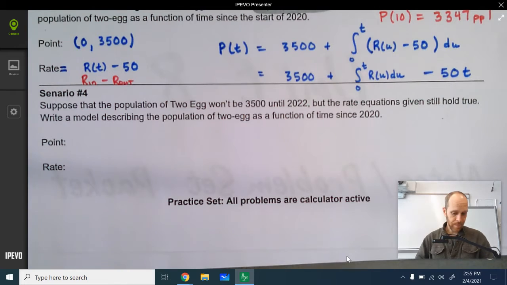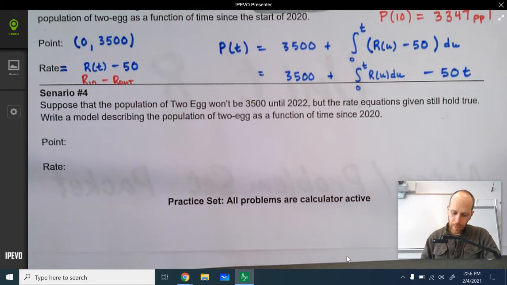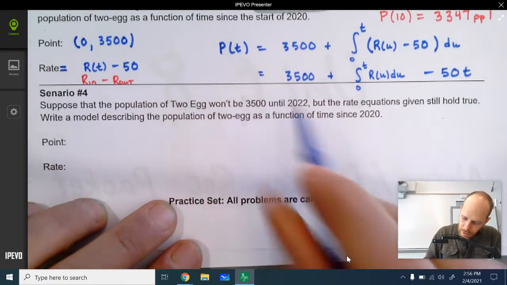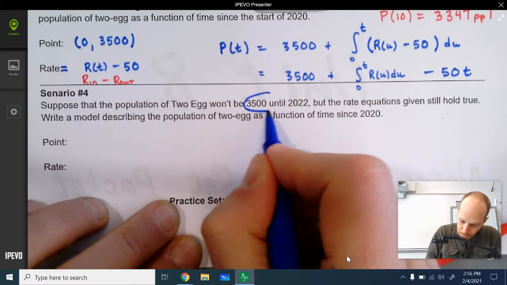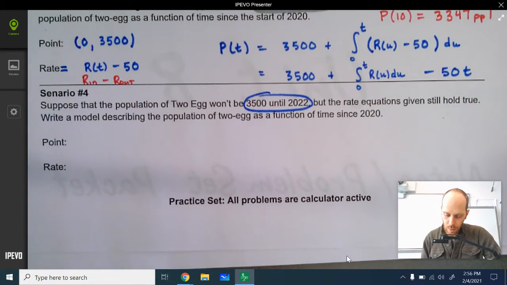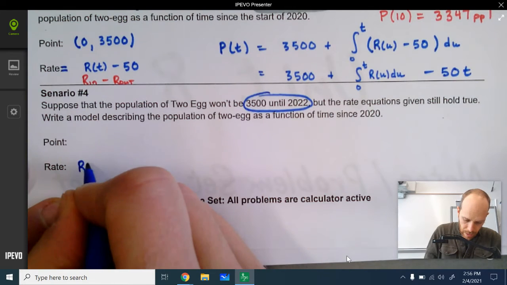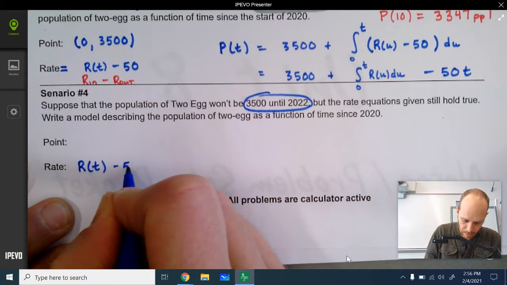Last scenario goes like this. Suppose that the population of 2egg won't be 3,500 people until the year 2022. But the rate equations still hold true. Okay, so our rate equation is still going to be R of t minus 50.